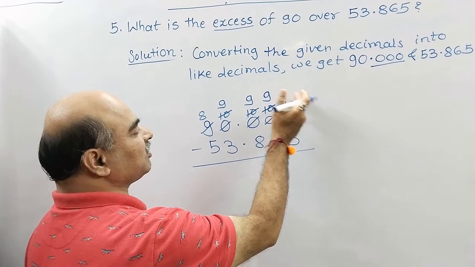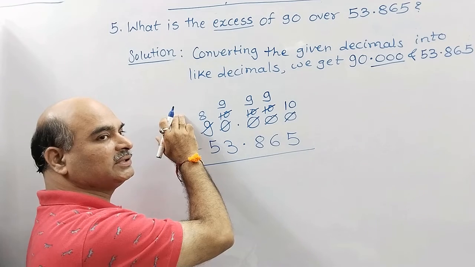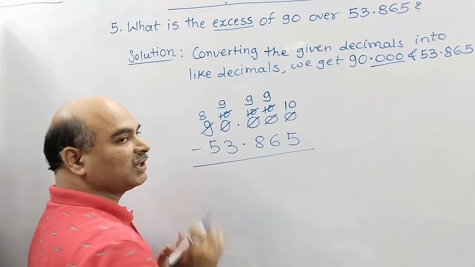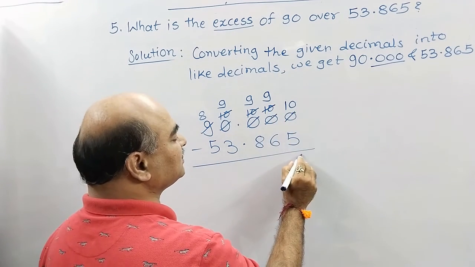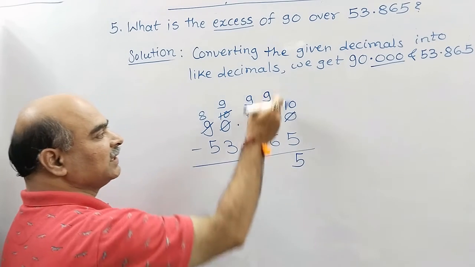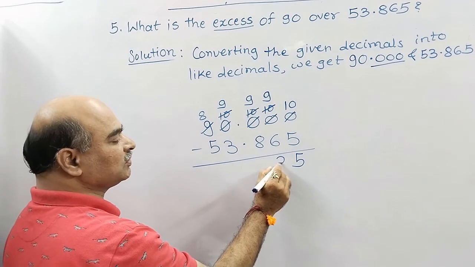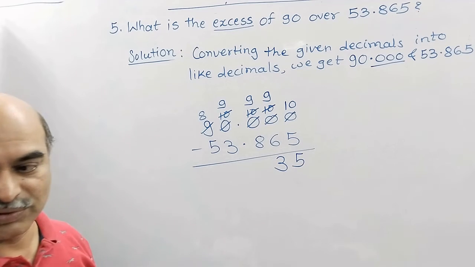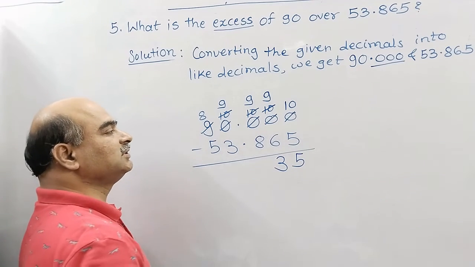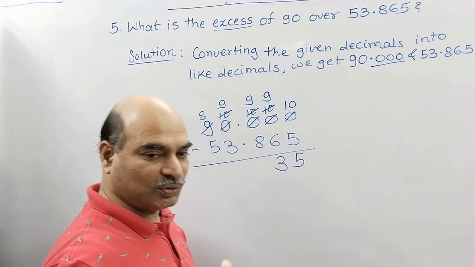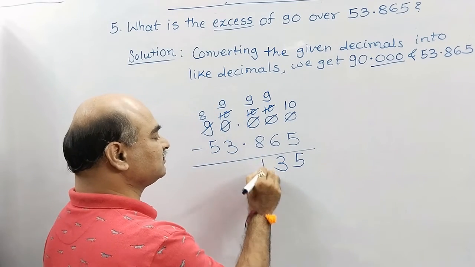Now we do the subtraction. The greater digits are on top, so we subtract the smaller digits. 10 minus 5 is equal to 5. 9 minus 6 is equal to 3. Okay, 9 minus 6 is equal to 3. 9 minus 8 is equal to 1.